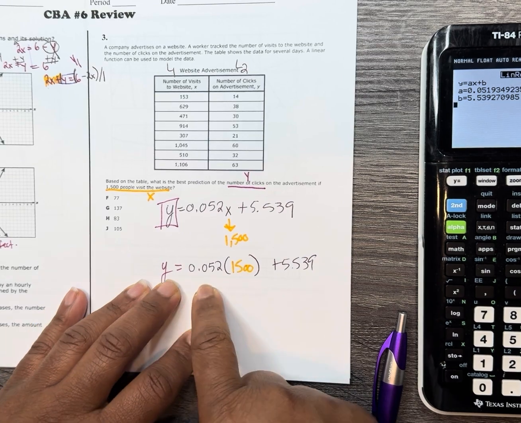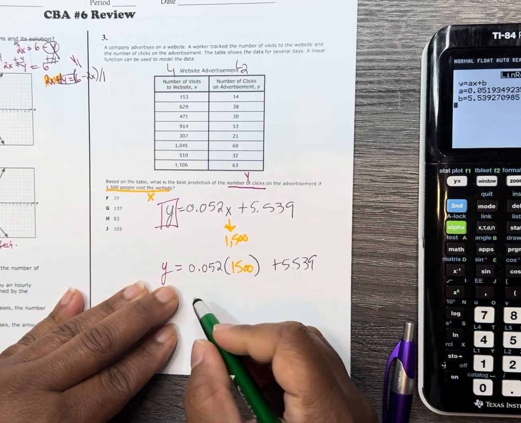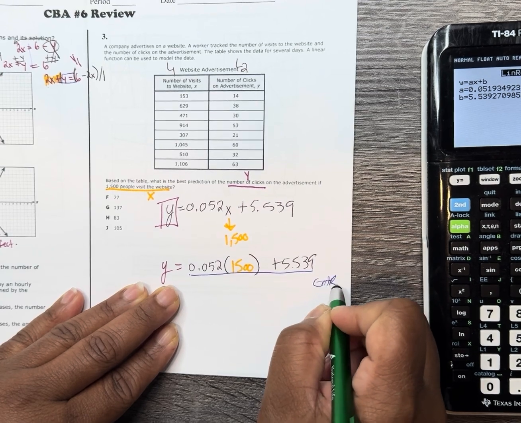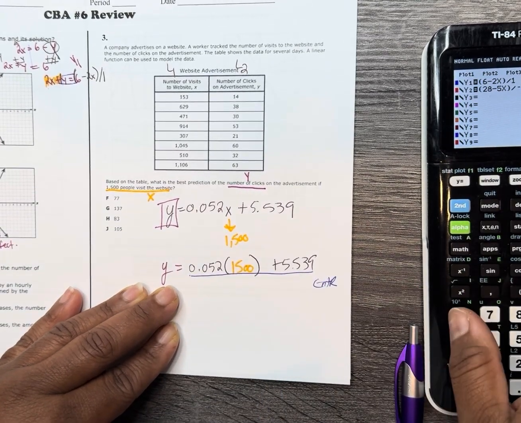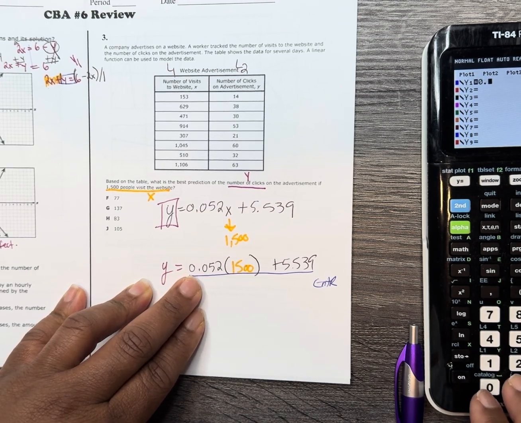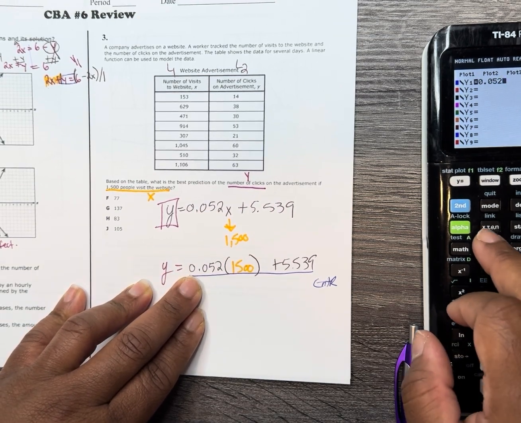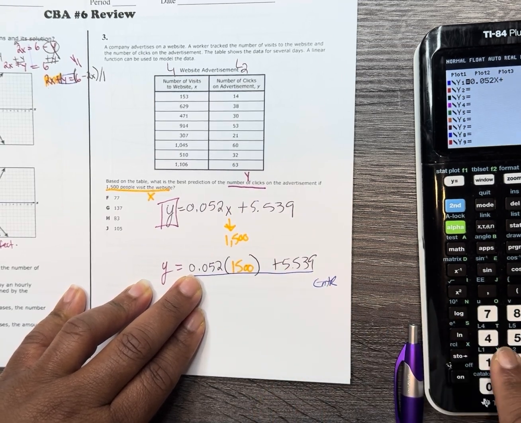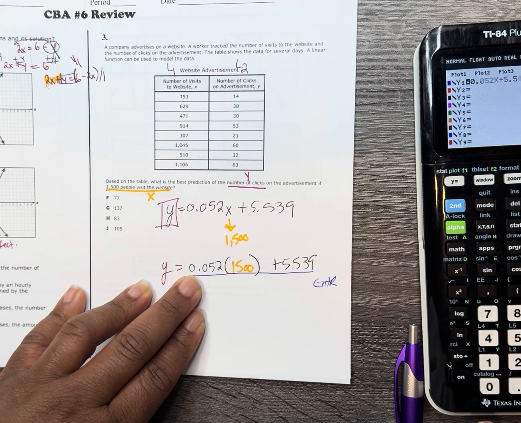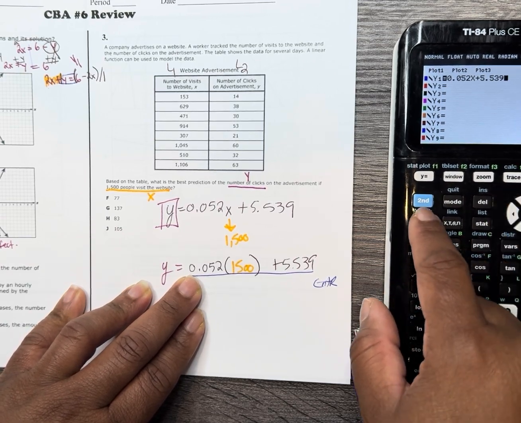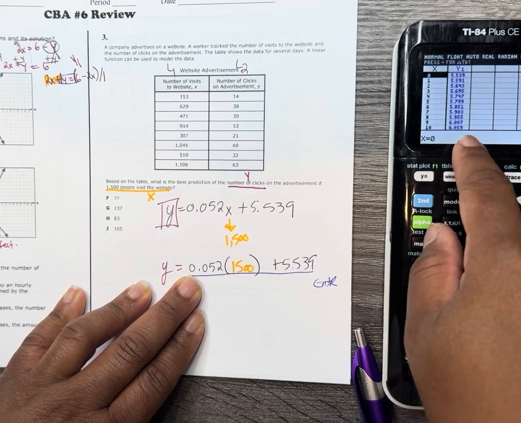You could just plug this portion into the calculator and press enter to see what happens. Or you could go to Y equals, erase what's there and plug this in: 0.052x plus 5.539, and press second graph to look at what's happening.